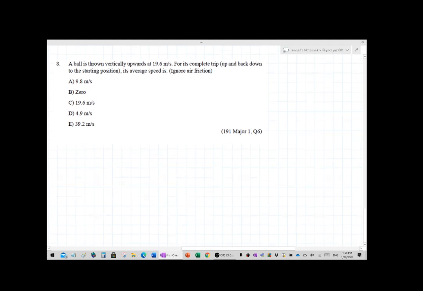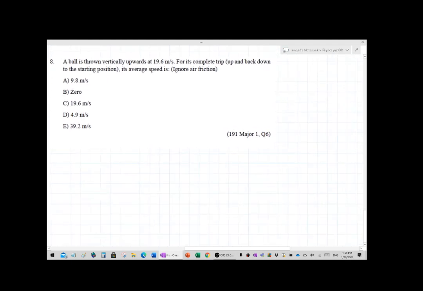A ball is thrown vertically upward at 19.6 meter per second for its complete trip up and back down to the starting position. So you throw something, it goes up, and then it comes back to the same position. Its initial speed is 19.6 meter per second.